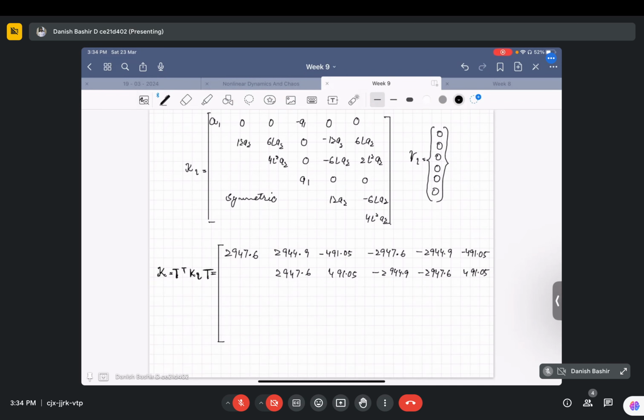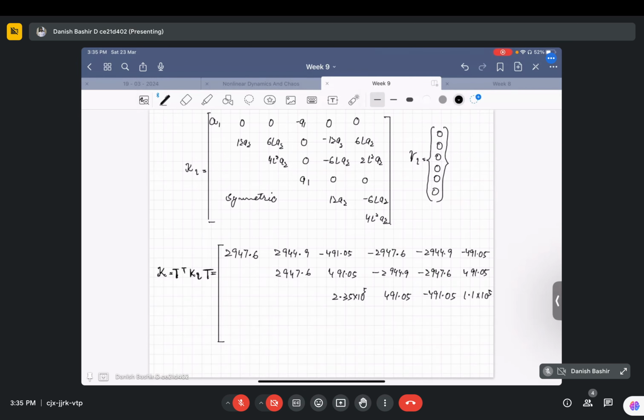These values are 2.35 times 10 to the power 5. This is 491.05, this is minus 491.05, this is 1.1 times 10 to the power 5.